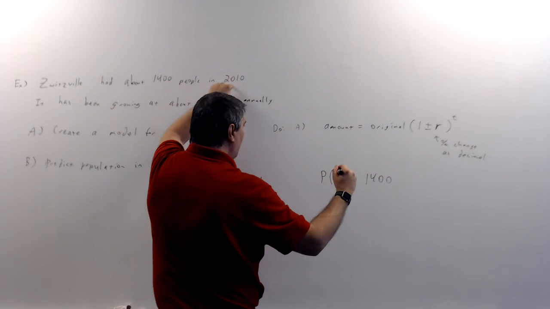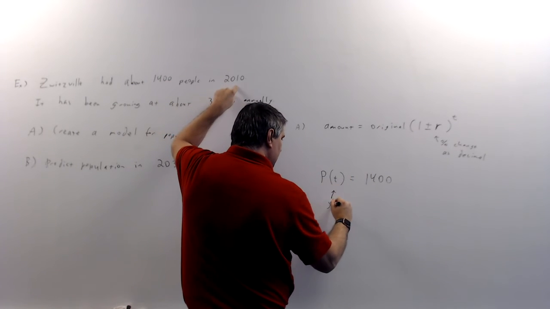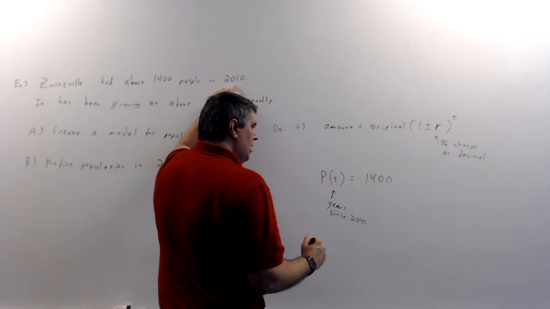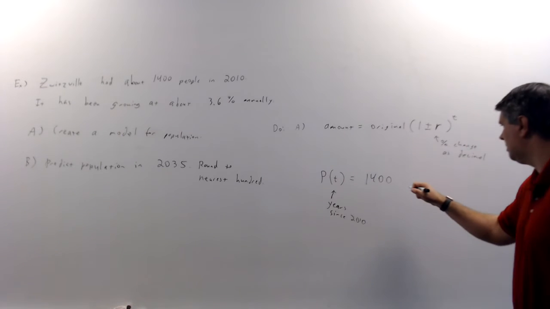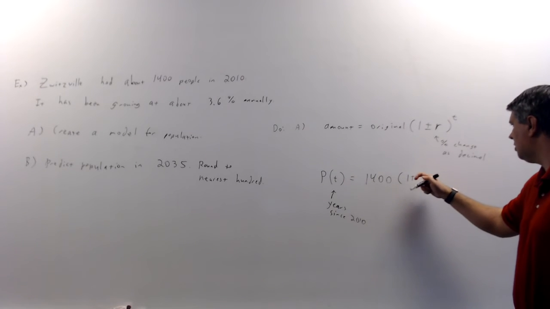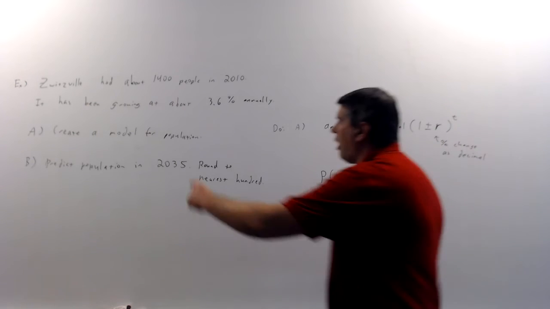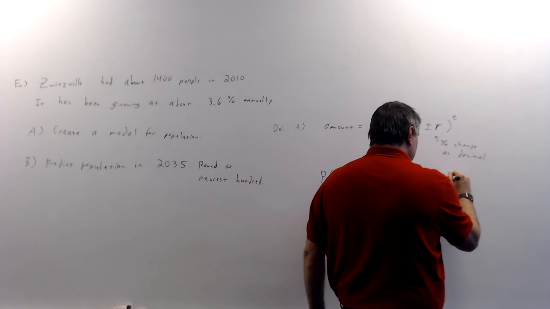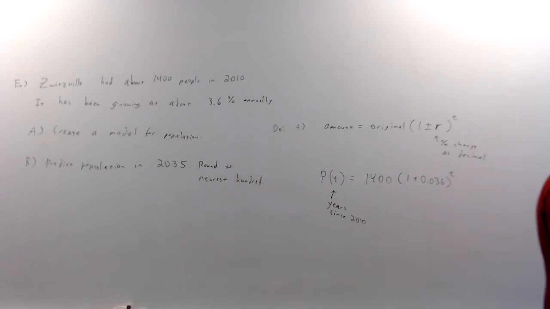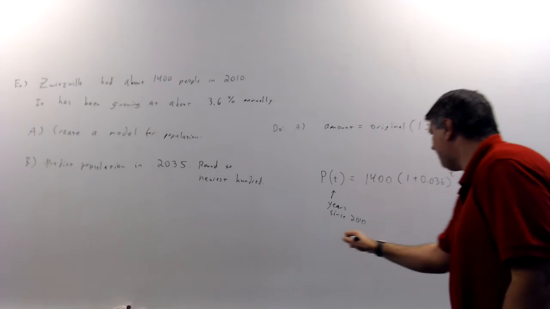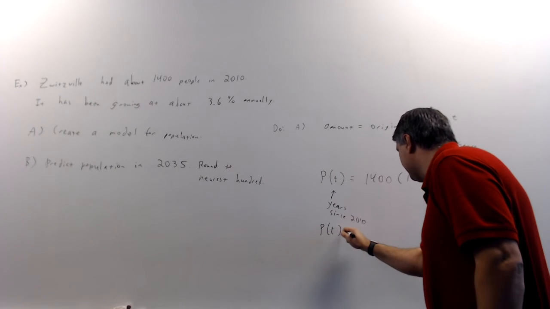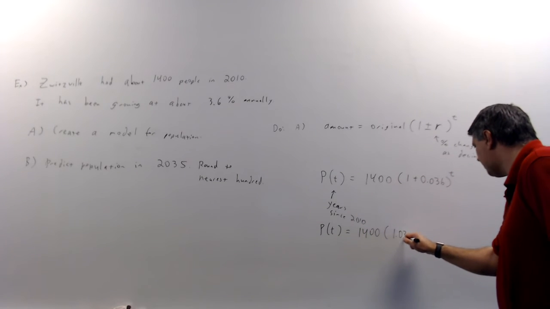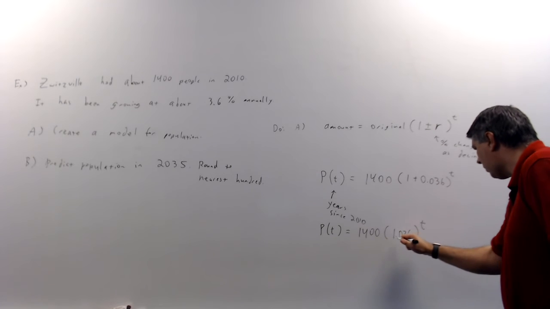We're going to base this off the number of years since 2010. So 1,400 times 1 plus, the reason it's plus is because it's growing at 3.6% annually, to the tth power. So P of T equals 1,400 times 1.036 to the tth power.